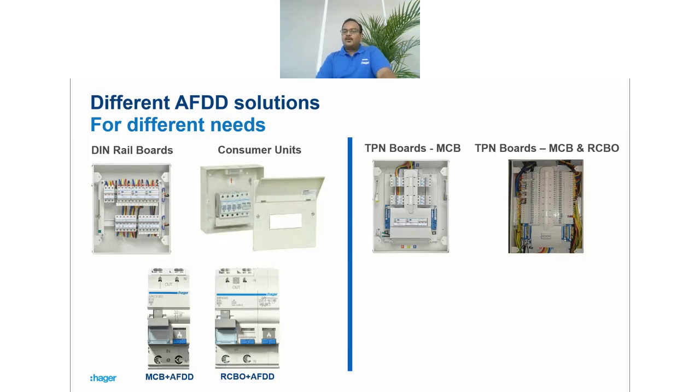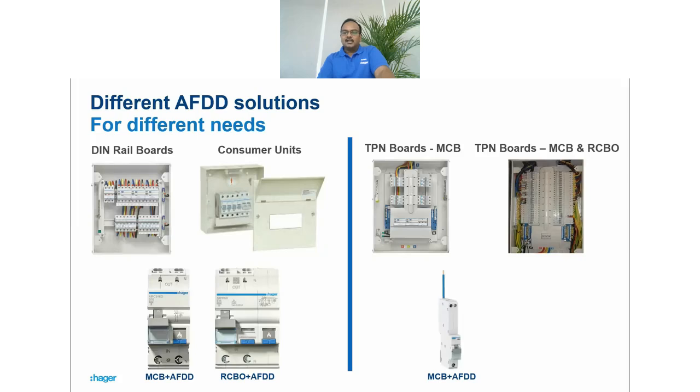So we have a separate product where this outgoing MCB will be replaced with an MCB plus AFDD in a different structure, which is a little taller than the MCB today.